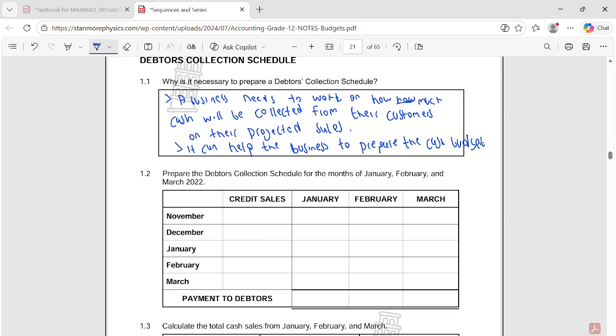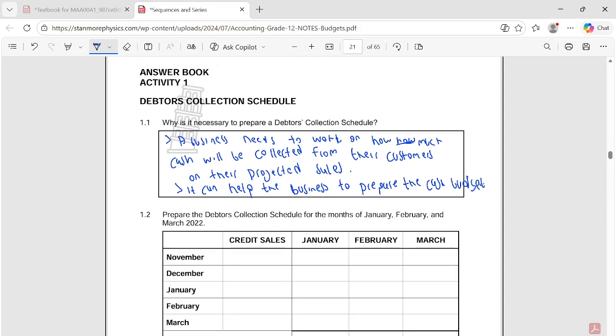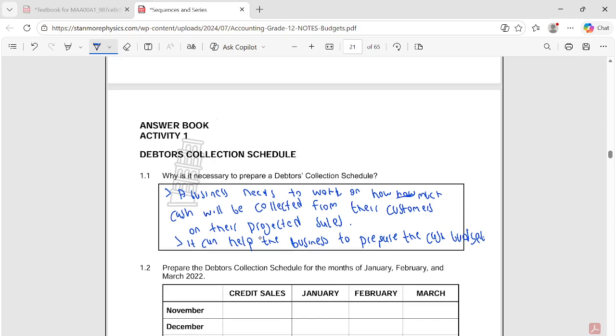We have two types of sales, so our total sales is equal to credit sales plus cash sales. Total sales is 100%, meaning the credit sales will consist of a certain portion and the cash sales of another portion, unless the goods are all purchased on cash or all on credit.